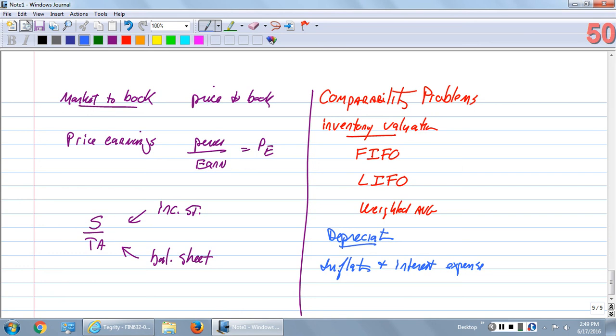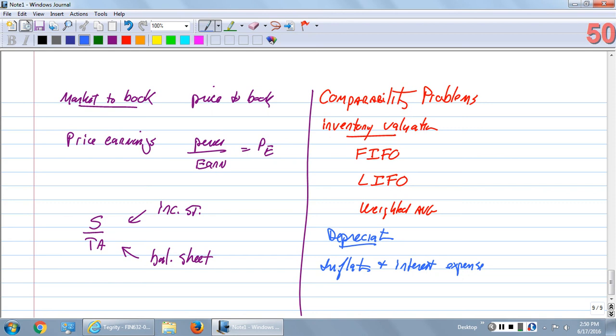So for this chapter, I want you to understand the basics of your financial statements. I want you to understand the ratios. Be prepared to calculate and interpret all of these different ratios that are listed in this chapter. Your book does, I think, a really good job of walking you through each one of those ratios.